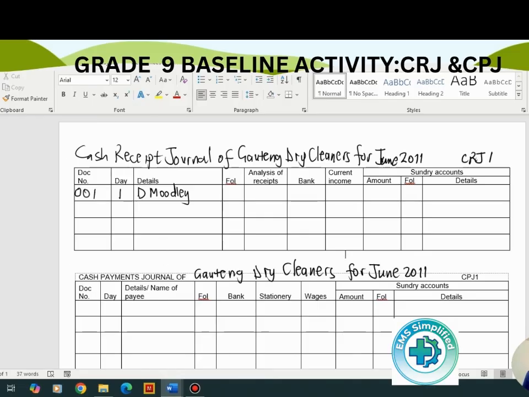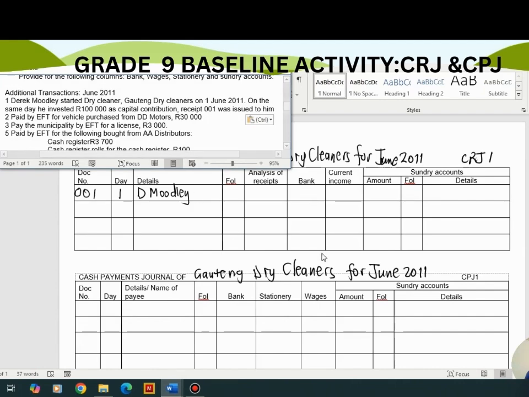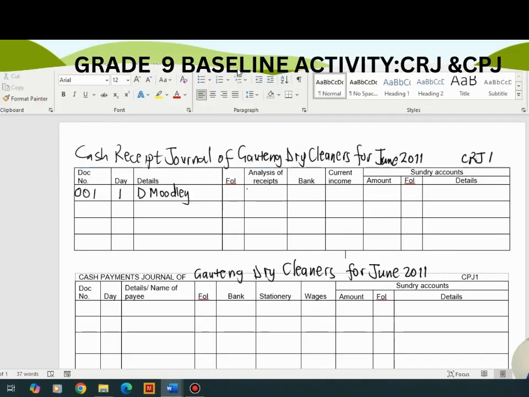When capital is paid directly into the bank account, we skip analysis. But in this case, it's not mentioned that it was deposited in the bank. So the assumption is the money was received by the business as cash. So we come here for analysis.